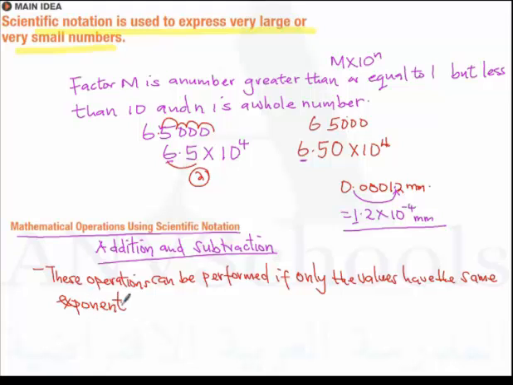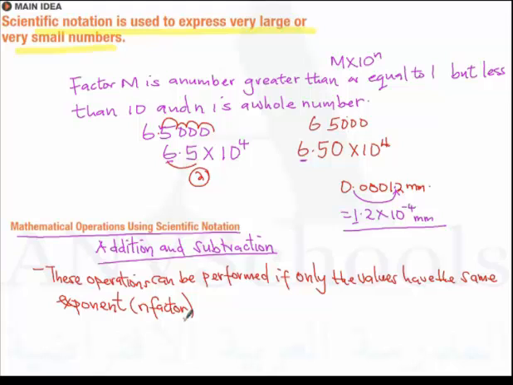When dealing with addition and subtraction, the exponent n factor must be the same. If they do not, then we have to adjust them so that the exponents are equal. Once the exponents are equal, the m factor can be added or subtracted.